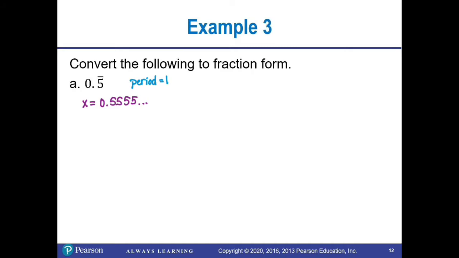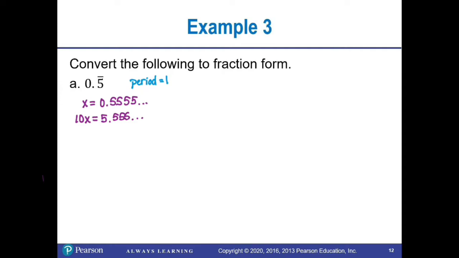This tells me I multiply both sides of my equation by 10. So on the left side, that gives me 10x. On the right side, when I multiply by 10, this moves my decimal place one place to the right. So I have 5.55555. Notice that I have one set of the repetend, 5, in front of my decimal place now.